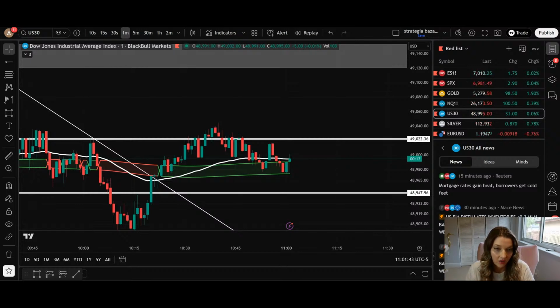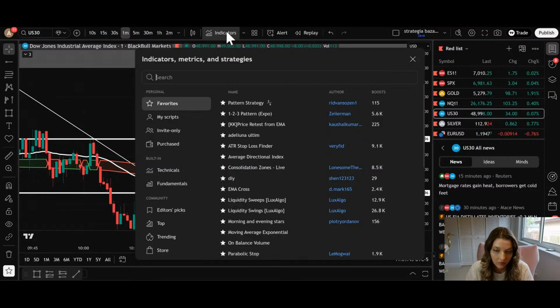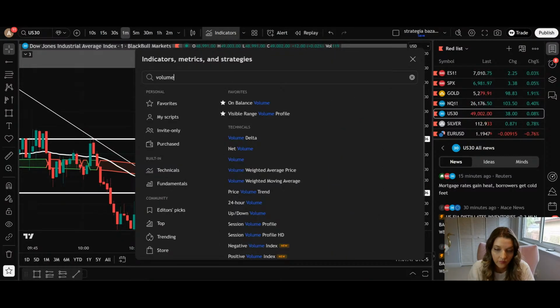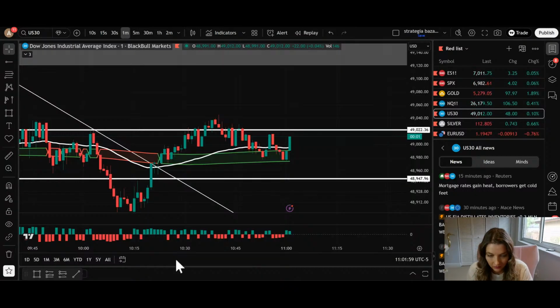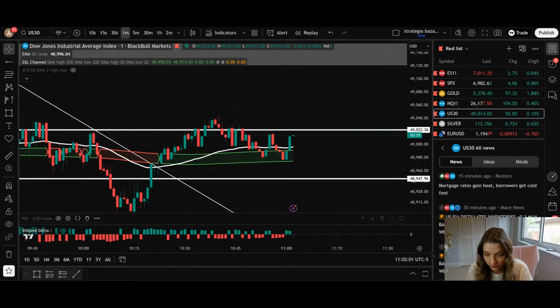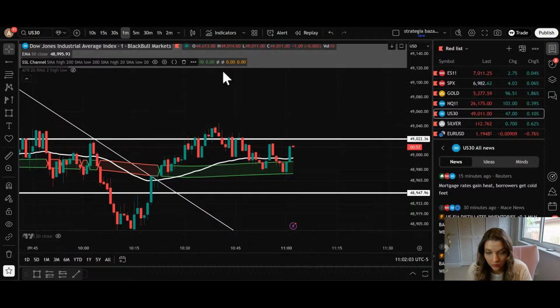In the indicators, you can type volume. Which one? Volume delta? No. Which volume?